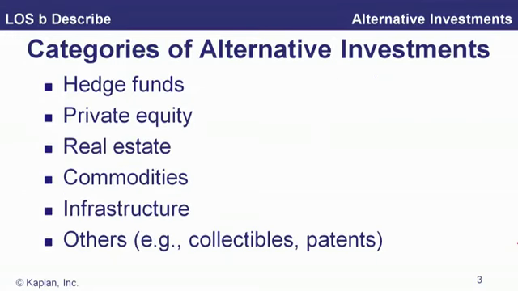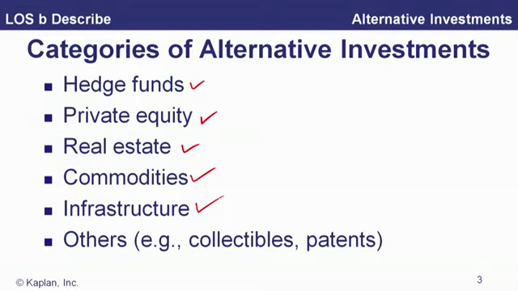So the categories that we'll be talking about here: hedge funds, private equity, various types of real estate investment vehicles, and commodities, and various ways we get exposure to commodities and why we might want that. There is a category of investment in infrastructure projects, so we'll talk about defining and some examples of those, and briefly some of the characteristics of investing in infrastructure assets.